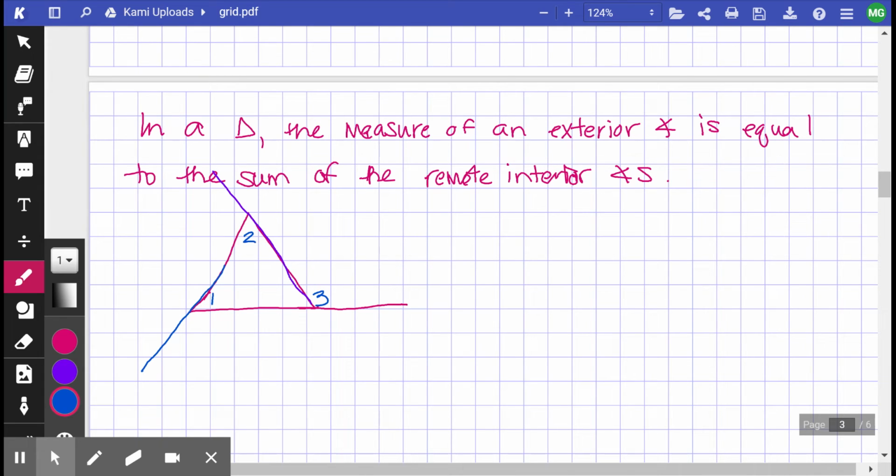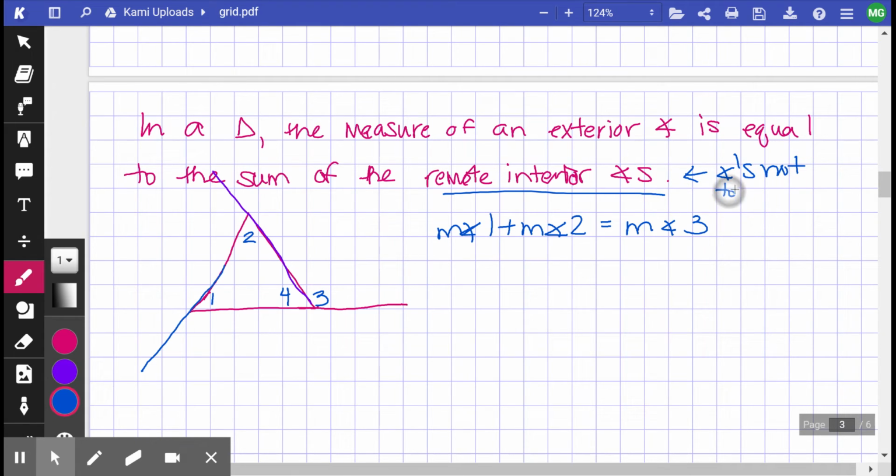So to decide where your remote interior angles are, it's going to be the 2 angles that are not touching that exterior angle. So the measure of angle 1 plus the measure of angle 2 equals the measure of angle 3. So the remote interior angles are the angles not touching that exterior angle that you're looking at.